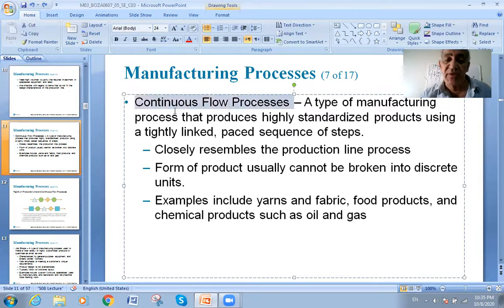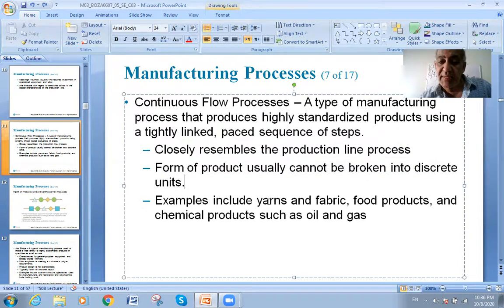The second type of production process is called the continuous flow process. It's also a kind of production line. It also makes standardized products using a tightly linked sequence of steps, very close to the production line, like we said. The form of product usually cannot be broken into discrete units.